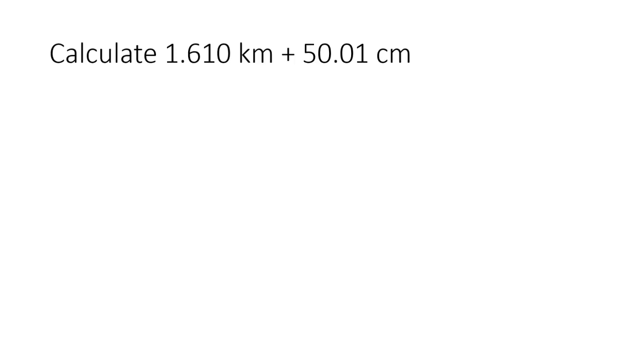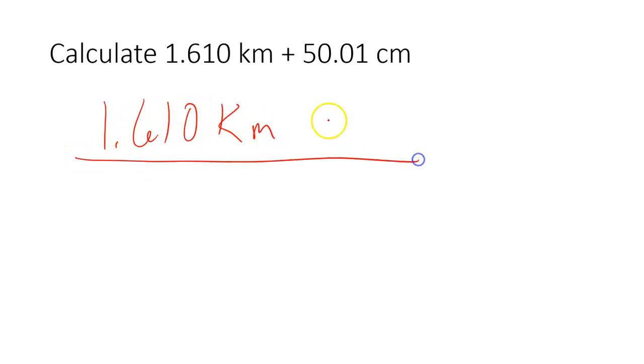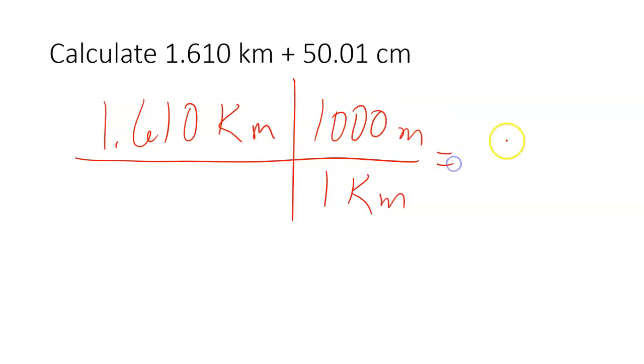Now, here's one of the issues. 1.610 kilometers. This will be 1 kilometer, 1,000 meters. This will be 1,610 meters.